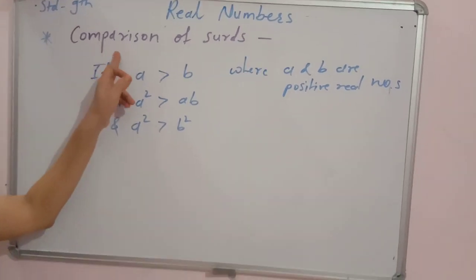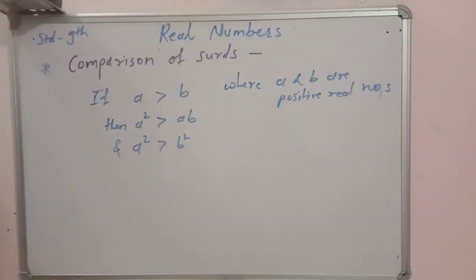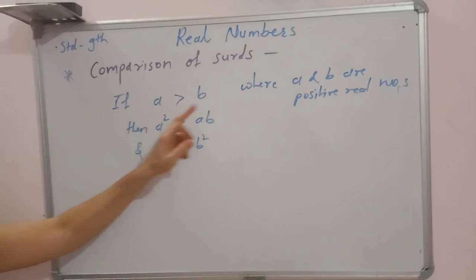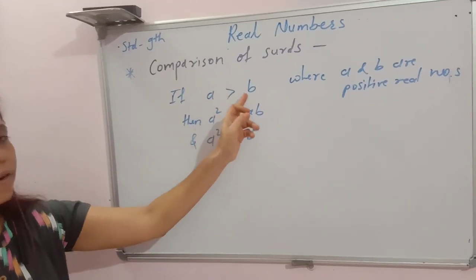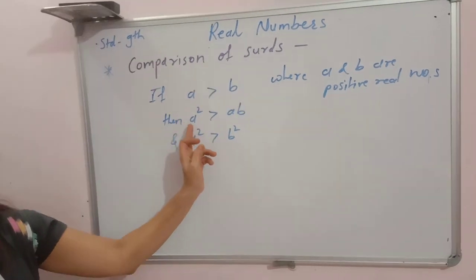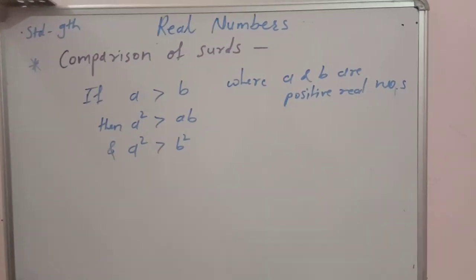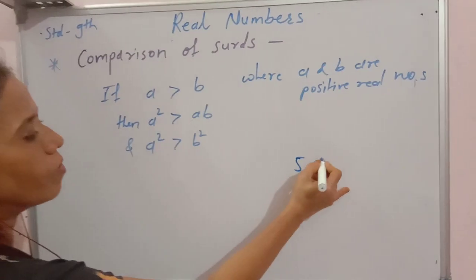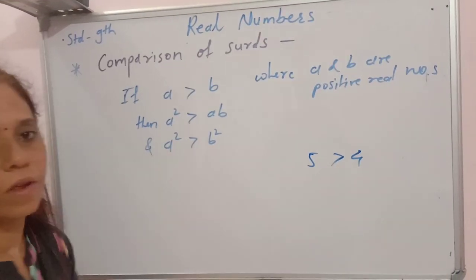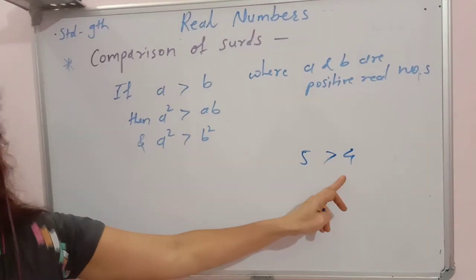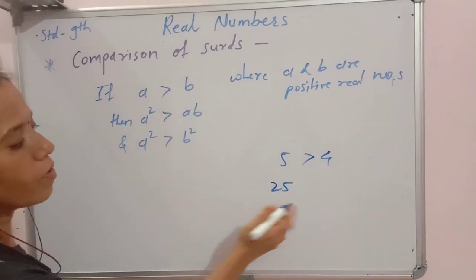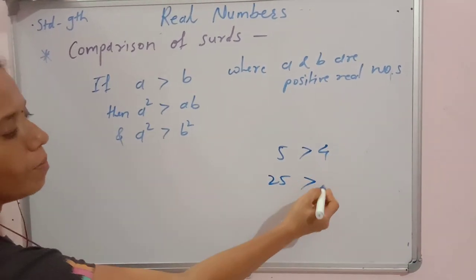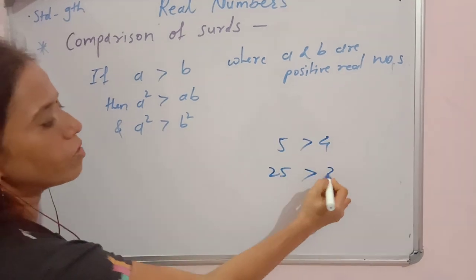Now the next topic is comparison of surds. If a and b are positive real numbers and a is greater than b, then definitely a square is greater than ab. For example, suppose 5 and 4 are positive real numbers. If 5 is greater than 4, then definitely 5 square, that is 25, is greater than ab, the product of these two.